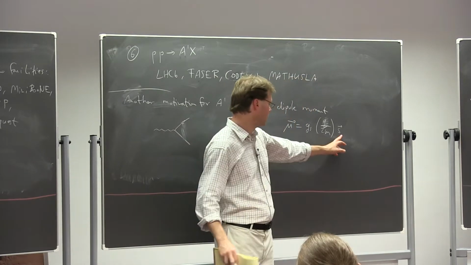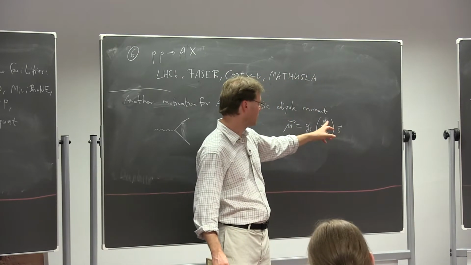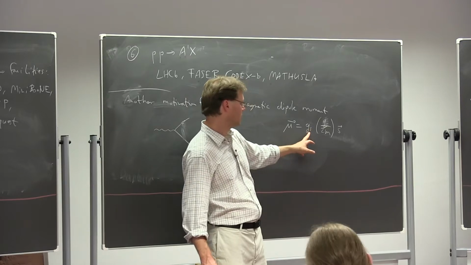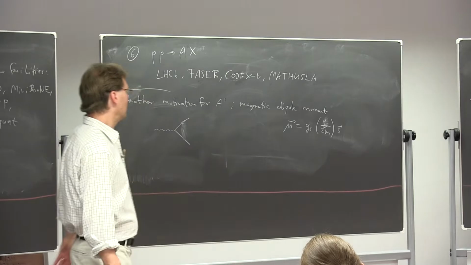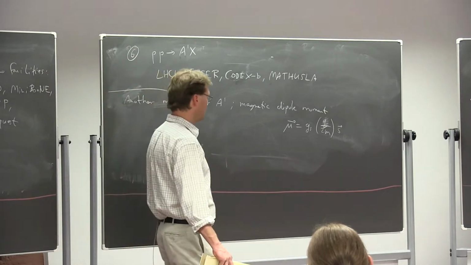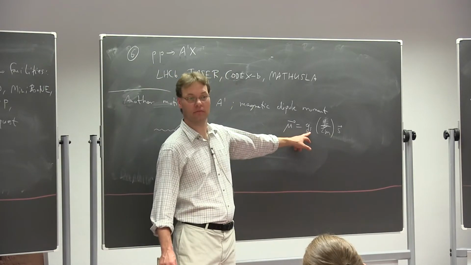Okay, so this is the spin. Let's take the electron: that's the spin of the electron, that's the charge of the electron, the mass of the electron, and there's some proportionality factor. Same for the muon, same for other particles. And this can be calculated, what it should be.